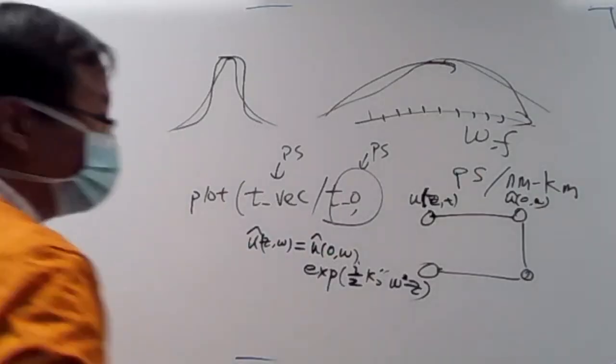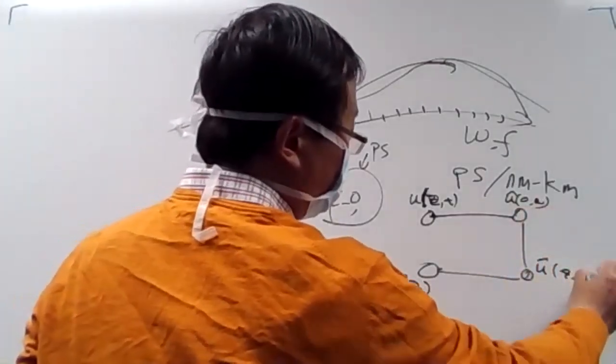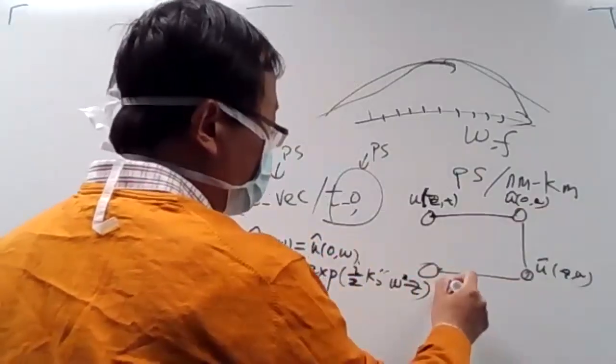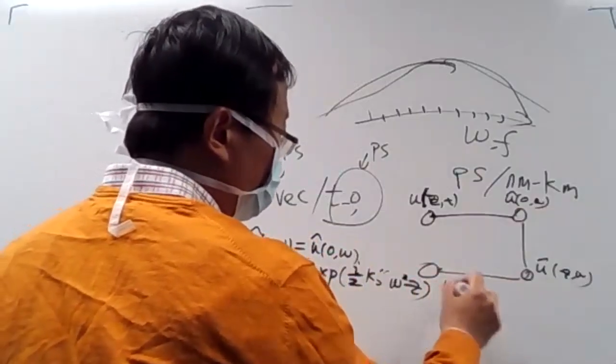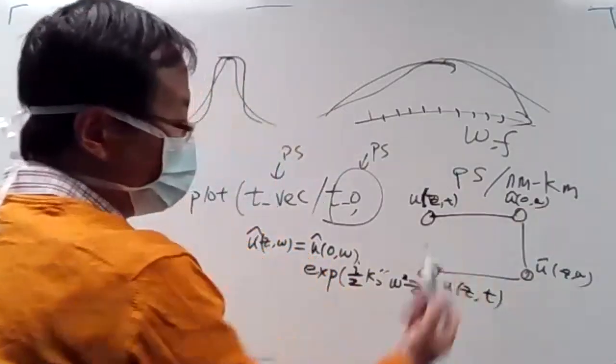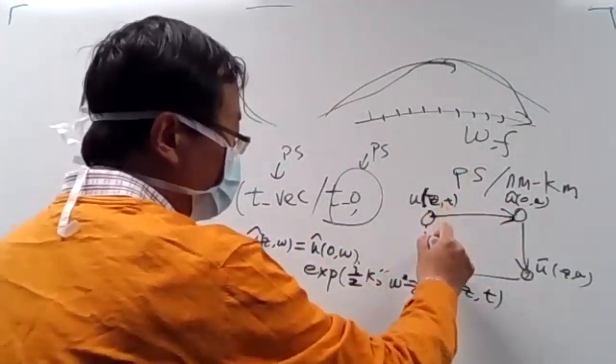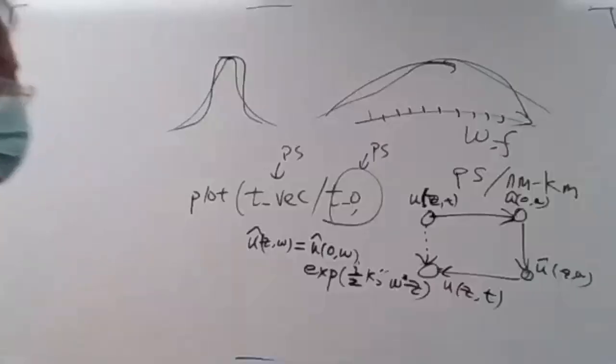So we got U(z,omega), and then we come back to U(z,t) by taking the inverse Fourier transform. Effectively we propagate.